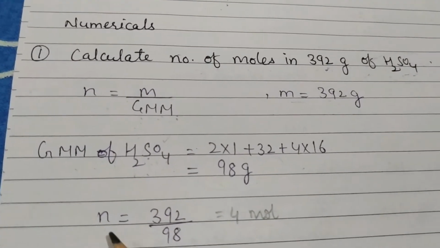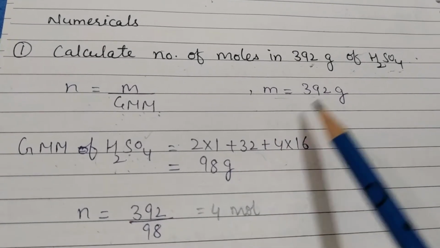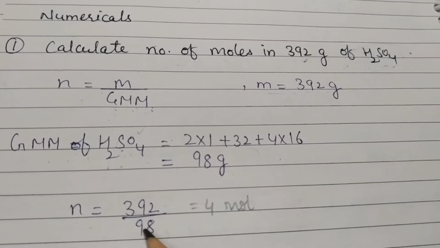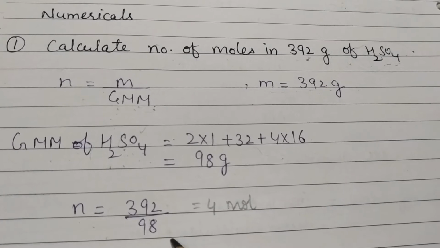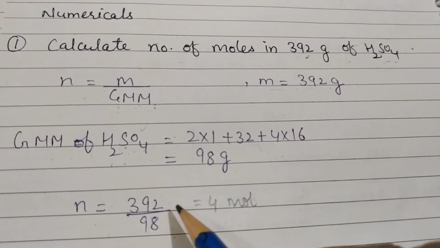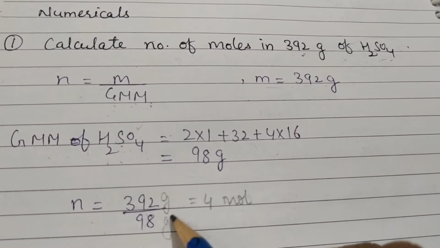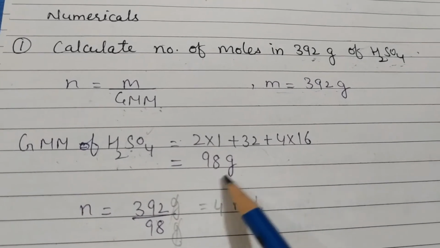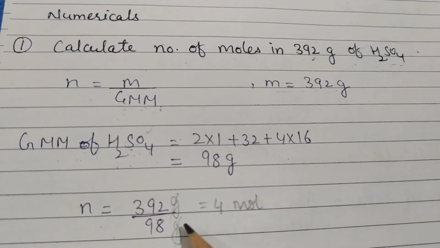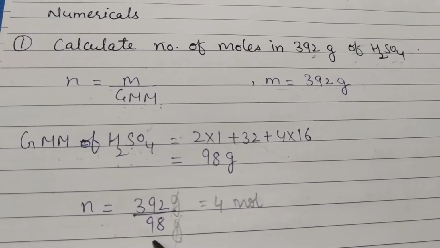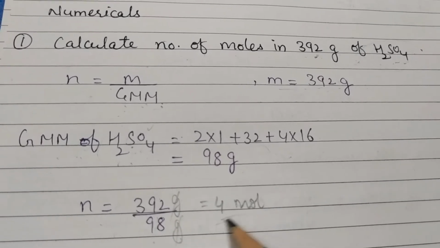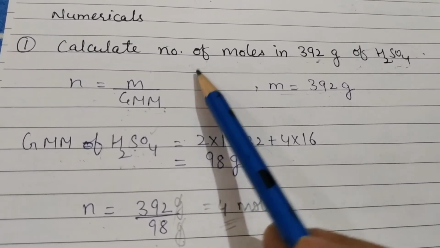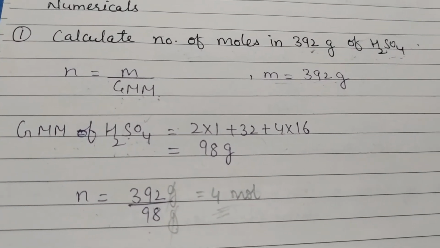The number of moles is equal to the given mass, 392 gram, divided by 98 gram, which is the gram molecular mass. After dividing, we get 4 mole, which is what we had to find. I hope this is clear to all of you.